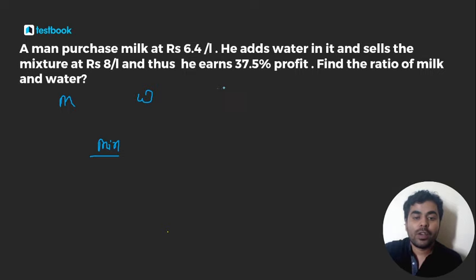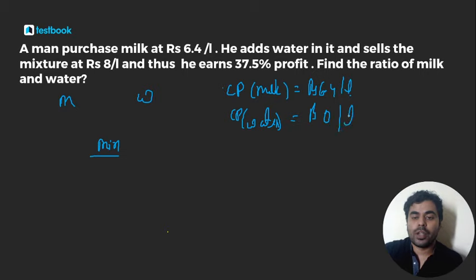We have the CP of milk, that is rupees 6.4 per liter. We have the CP of water, because we know water is of zero cost, so this is 0 per liter. And we have the SP of mixture, that is equal to rupees 8.